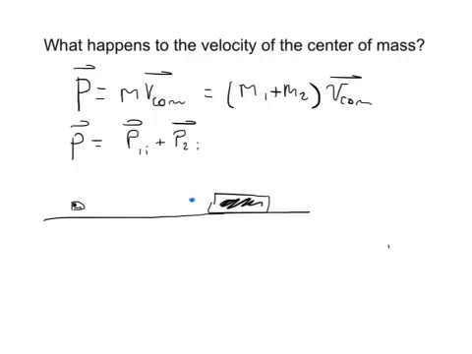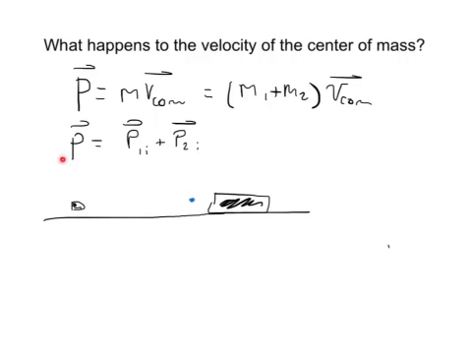Let's investigate that a little bit more. So we know that momentum equals mass times the velocity of the center of mass, and we learned that in the last unit. And so for this particular problem with two masses, we could say that m is just m1 plus m2 times v center of mass. So here's our expression right here for momentum.